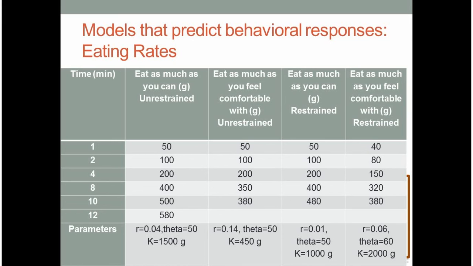And then I calculated the R, the K, and the theta for each one of these groups. And remarkably, there was one group that stood out. Look at the R, the K, and the theta at the very bottom row and tell me if you can see which group turned out to be different.